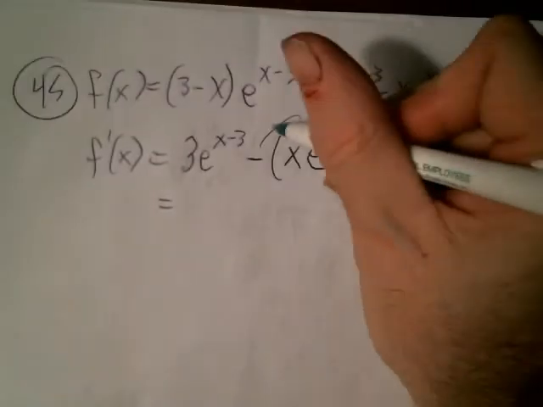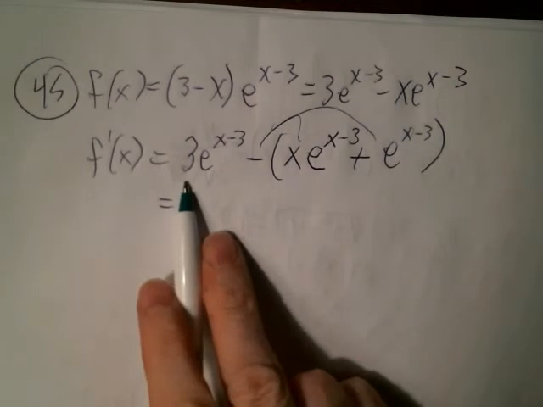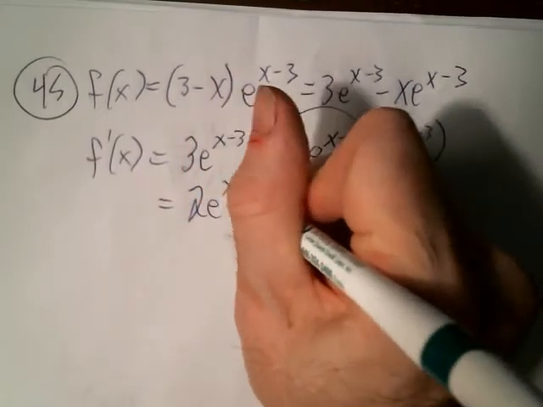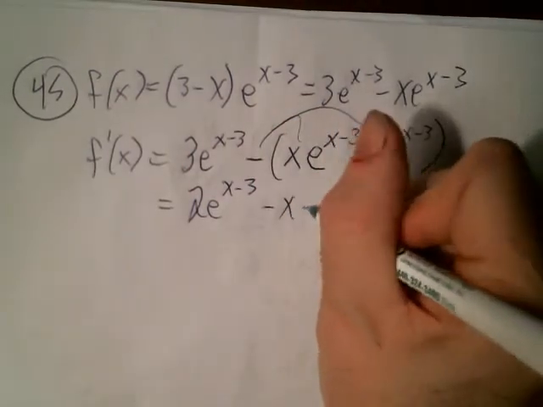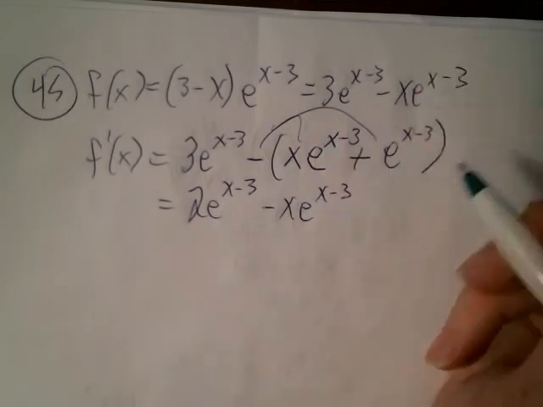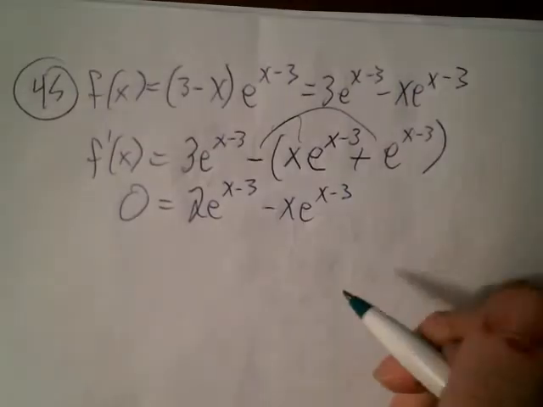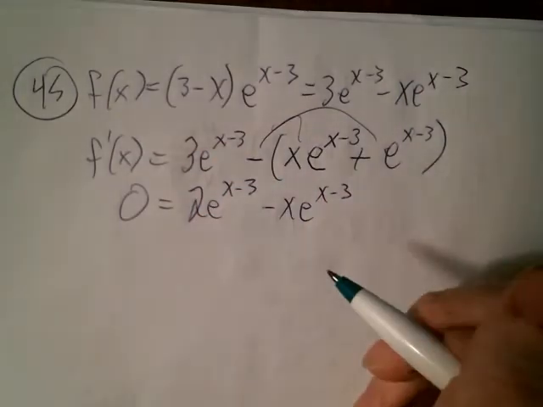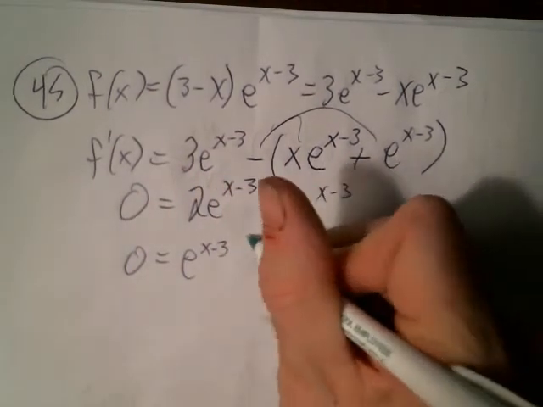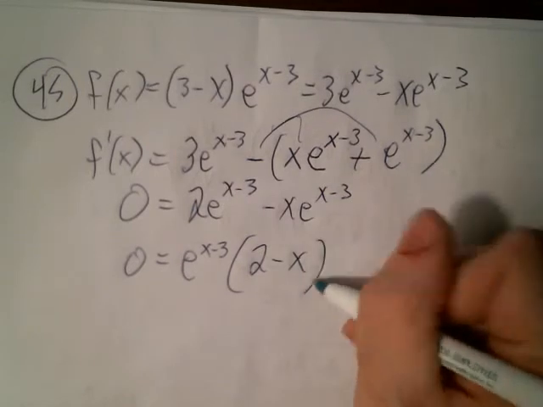Simplifying a little bit, at the end of the day, I'll have 3 of these minus 1 of these, so 2e to the x minus 3, and then minus xe to the x minus 3. Set that equal to 0. Factor it. So 0 equals e to the x minus 3 times 2 minus x.